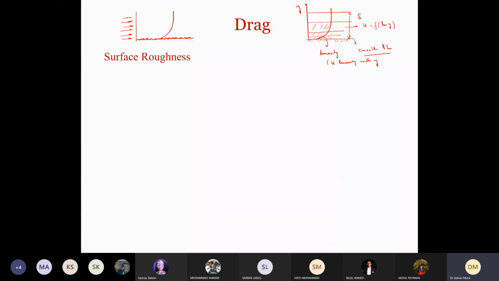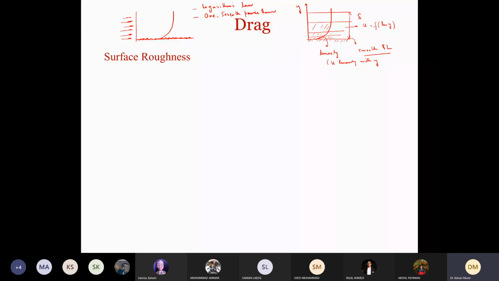And there are two different laws that can be used to find these boundary layers. One is called the logarithmic law, and the other one is called the 1/7 power law.